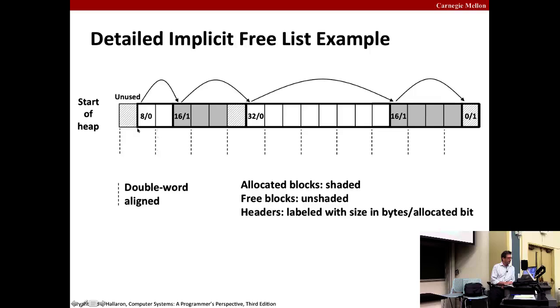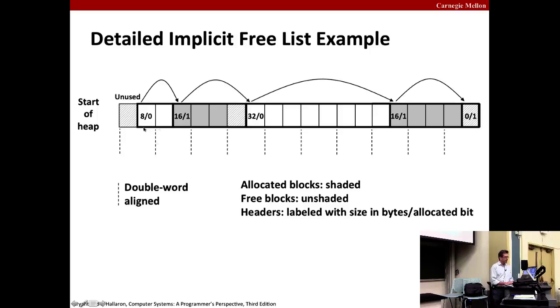So the way we do that is we create this unused word at the beginning of the heap that's aligned on this 8-byte boundary, and then the first block in the heap starts at an offset of 4 from the beginning of the heap. So we have the header, which is not aligned, and then we have the payload, which follows. In this case, it's a payload of one word, and that begins on this 8-byte boundary, and then the next block.